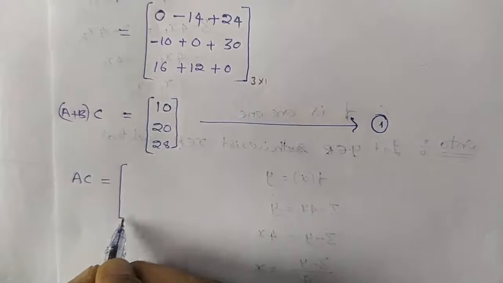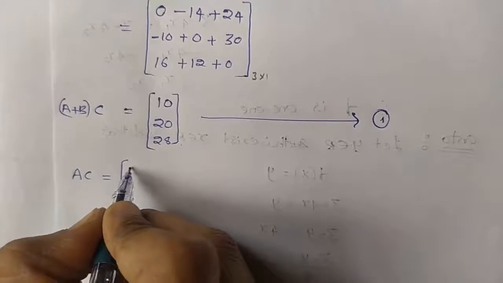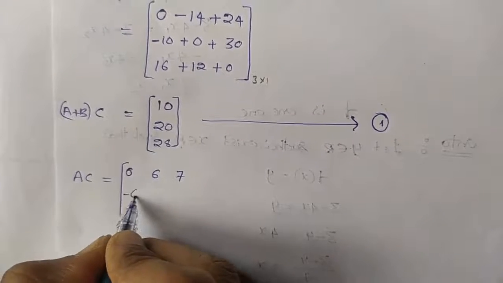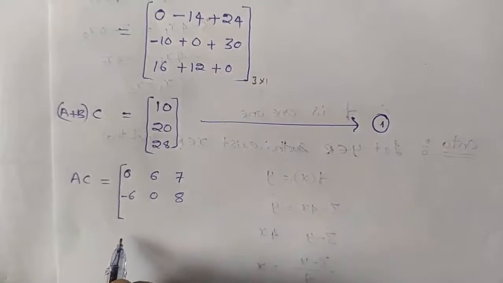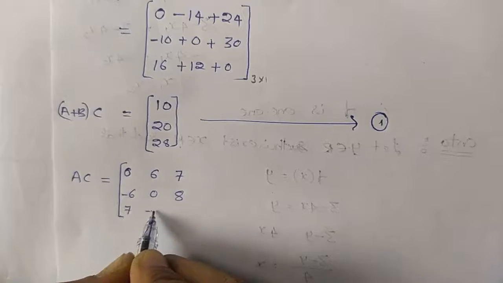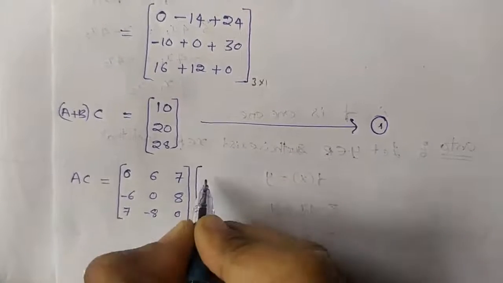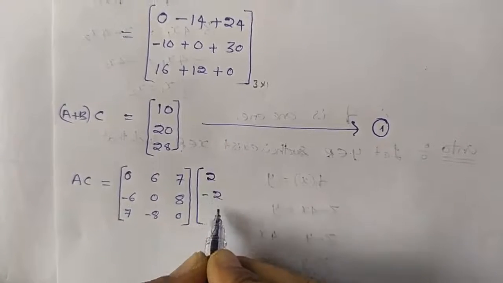The matrix A is what? 0, 6, 7, minus 6, 0, 8, 7, minus 8, 0. Next, C matrix 2, minus 2, plus 3.